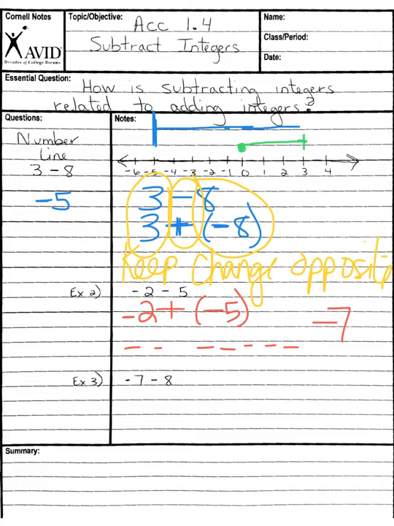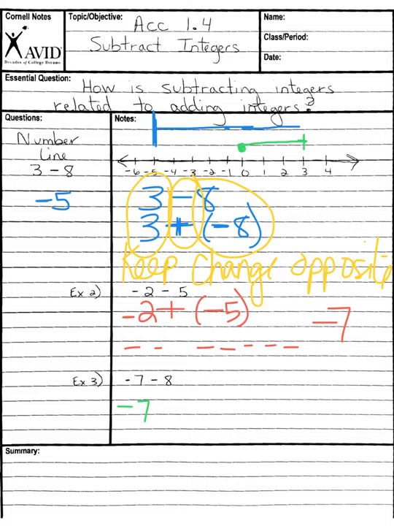So again, our essential question: how is subtracting integers related to adding integers? Well, what we can do is we can take all subtraction problems and change them to addition. Let's do the same with the next one. So we keep the negative 7.